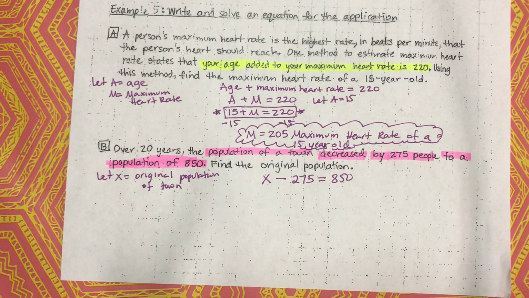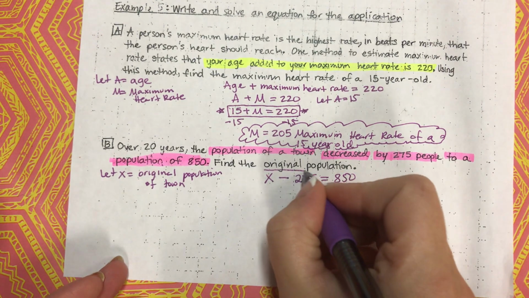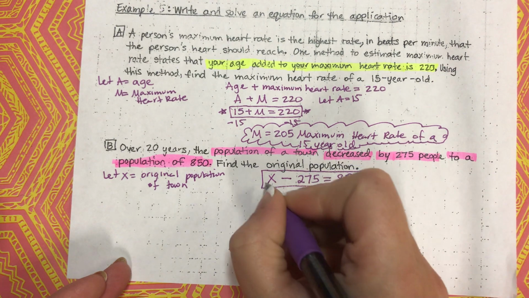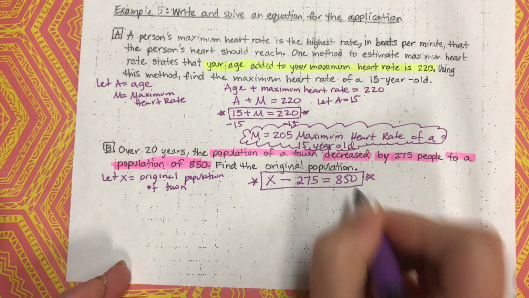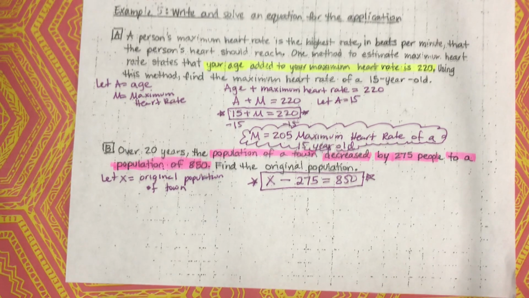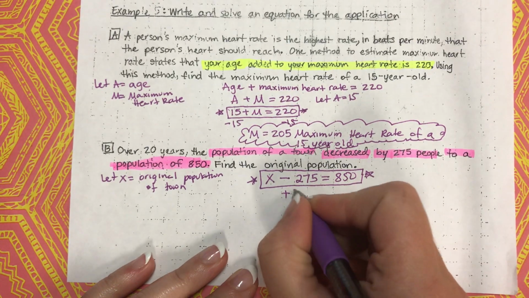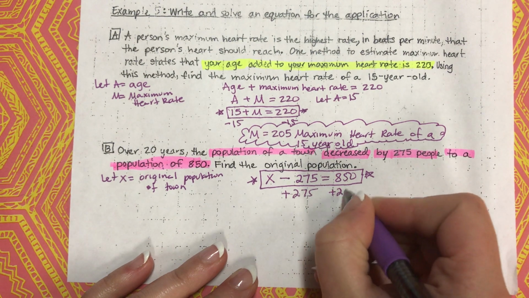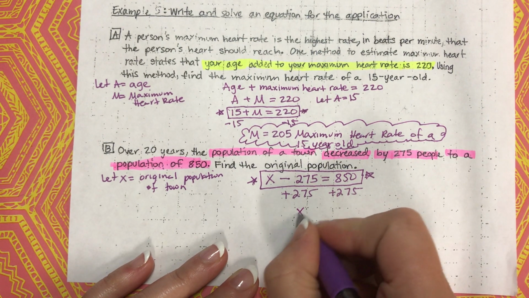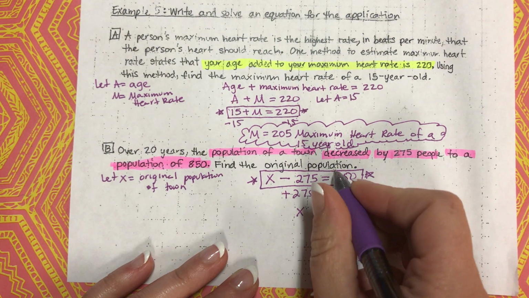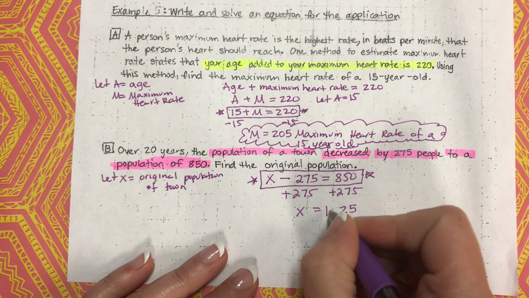So we're gonna go ahead and use algebra to figure out what that original population is. So at this point, this is the equation part of my answer. All right, that's that part. And now I'm just gonna solve it and figure out what the original population is. So to do that, inverse operations, obviously. So I'm gonna add 275 to both sides. I end up with x equals, that would be 1,125.